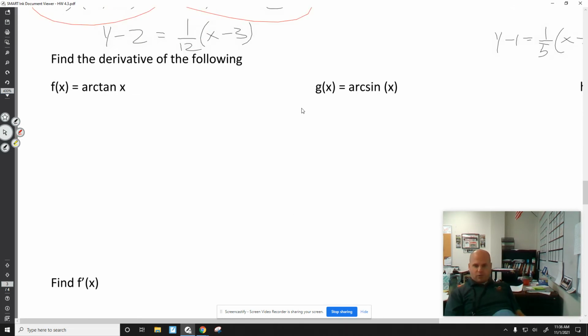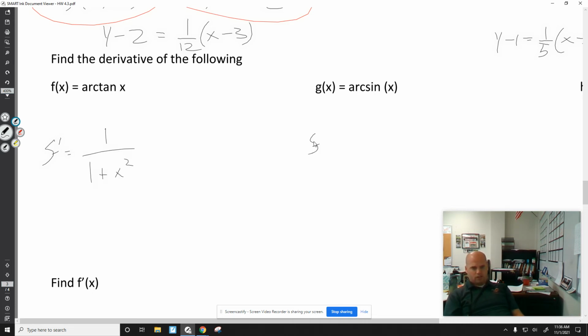All right, now we're into inverse trig functions. There are multiple ways to deal with these. I'm not going to show you how we get the derivatives until next unit because it involves a different type of derivative technique that you don't know about. For right now, you just have to remember it. It's one of the few things you have to memorize, all these derivative rules. Derivative of arctangent, 1 over 1 plus x squared.